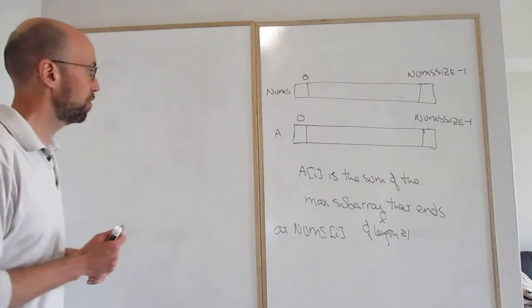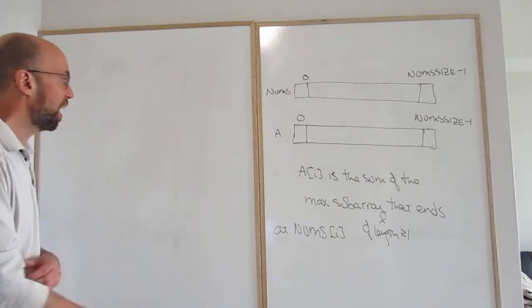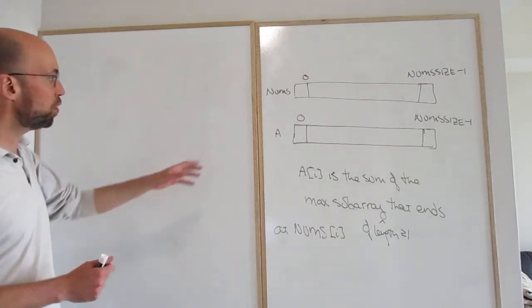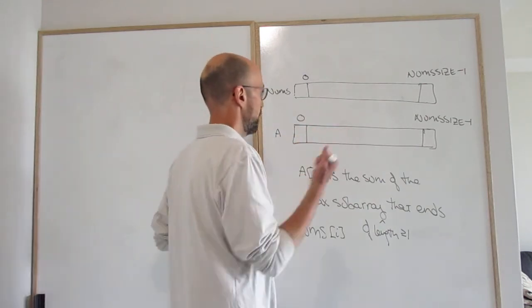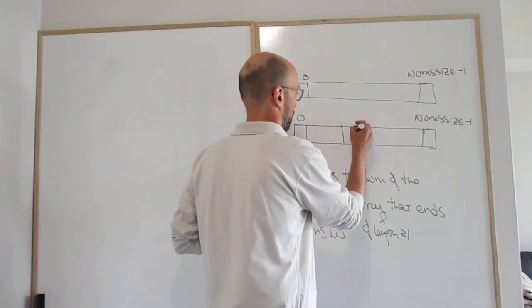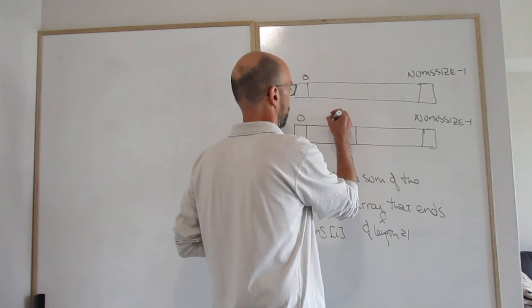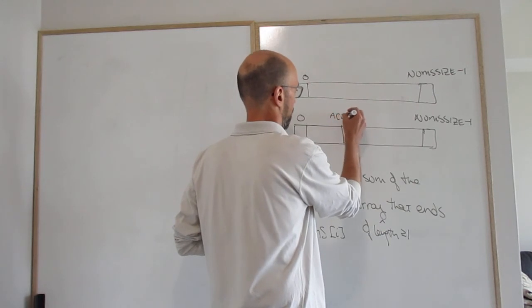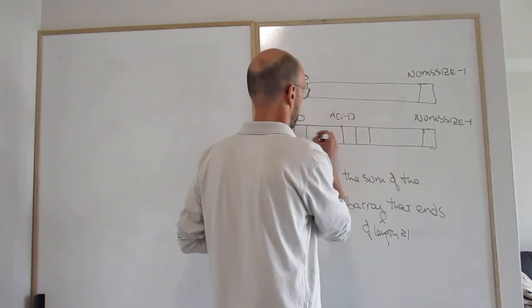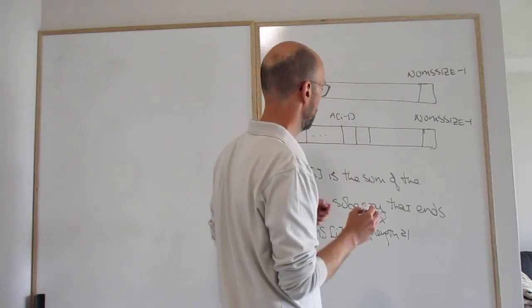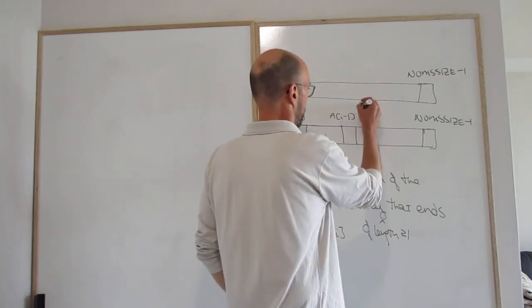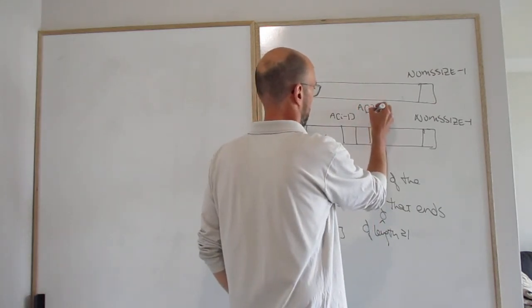So, how does this work? Well, suppose we filled in from A[0] to A[i minus 1]. We filled all of those in, and now we want to fill in A[i].